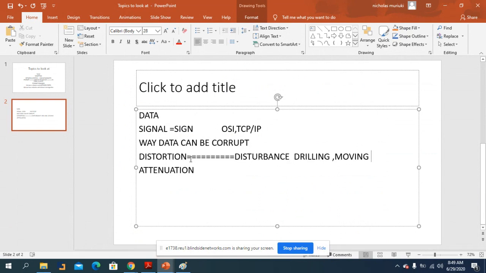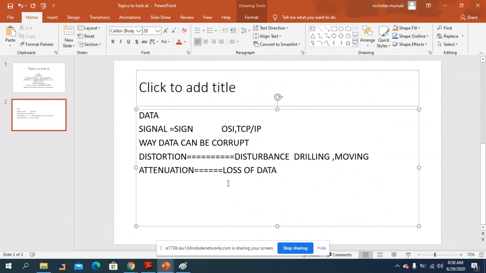And I think you have ever tried to communicate using a mobile phone, and you find that sometimes you are not even clear. There is that loss of data. So in this case, attenuation is the loss of data, whereas distortion is when there is a communication, but this communication is not clear.